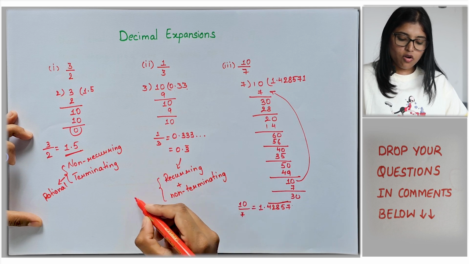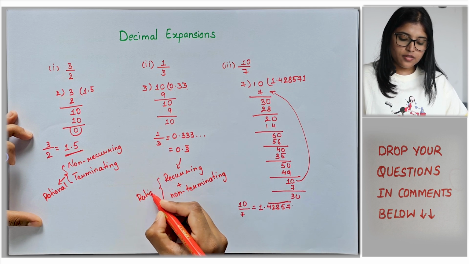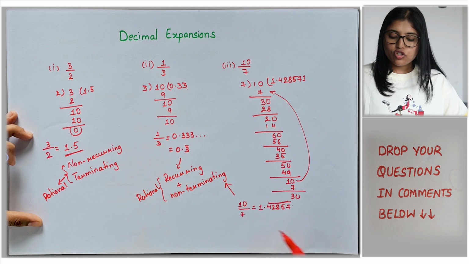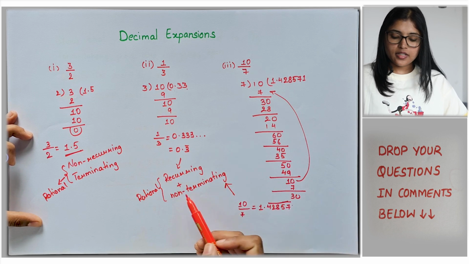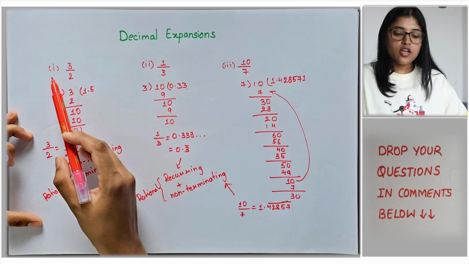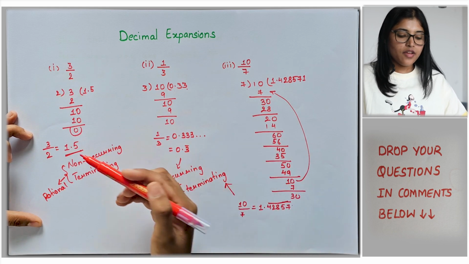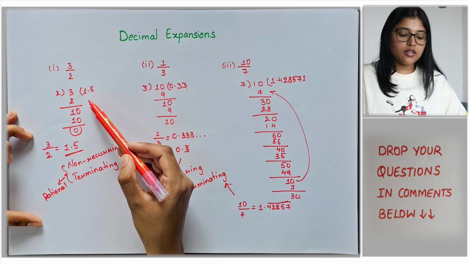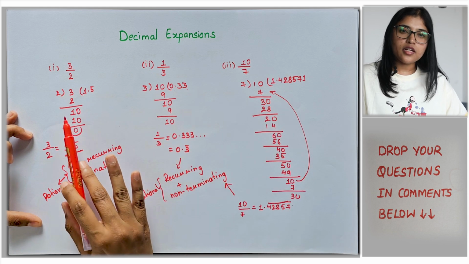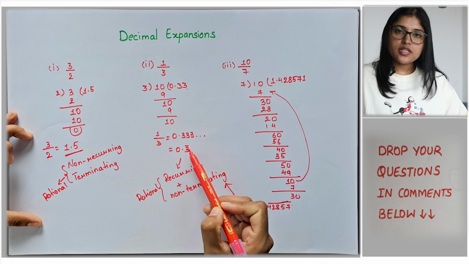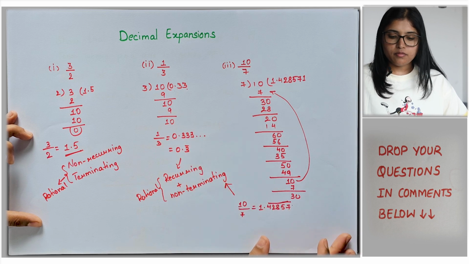So this is also rational. Similarly, 10 by 7 is also a recurring and a non-terminating decimal, which is also rational. So by looking at these different types of decimal expansions, we can see that either it can be recurring or non-recurring, and terminating or non-terminating. The terminating number can be a single number or multiple numbers. That's what we understand by looking at these different decimal expansions.